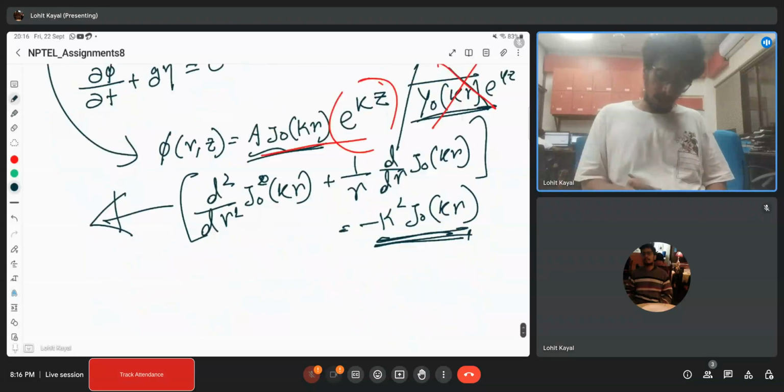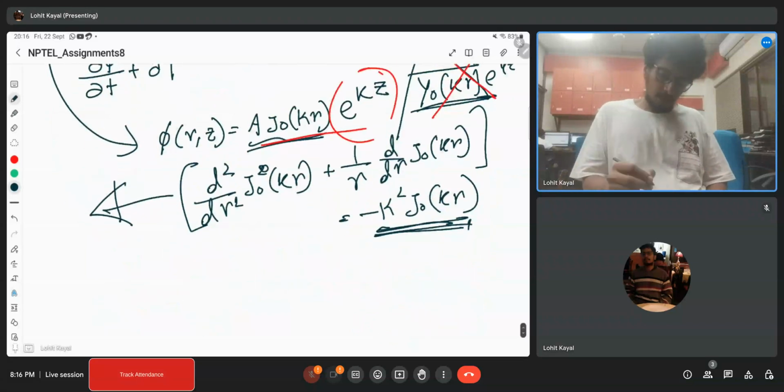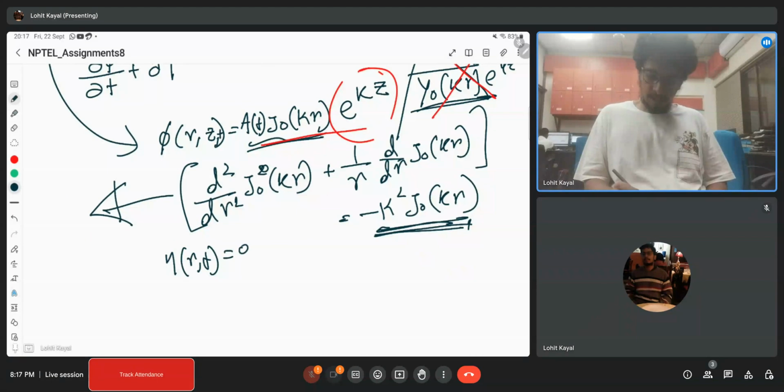So for eta, I can take it like this: it will be phi r z times t. So I will take this as a of t. So eta r t I can take something like this: a t J0 kr.